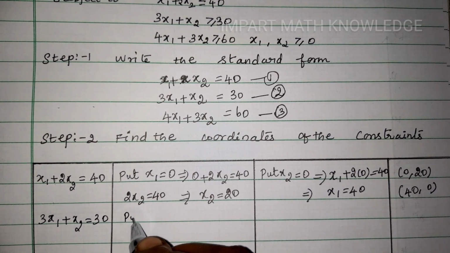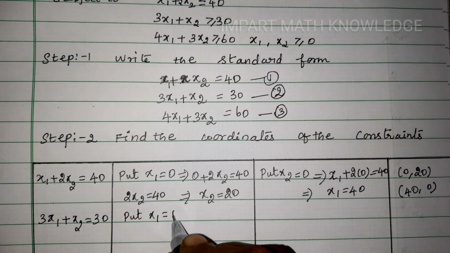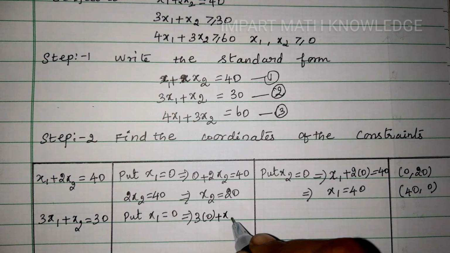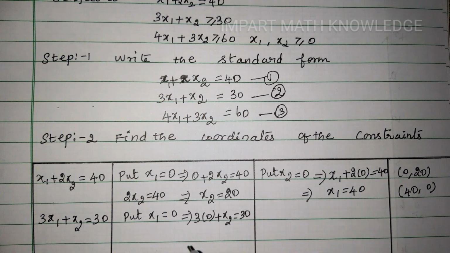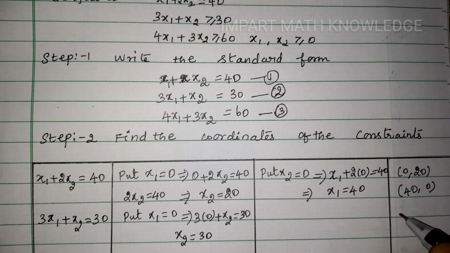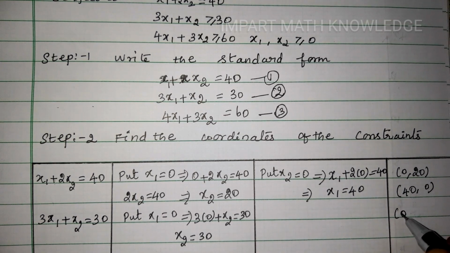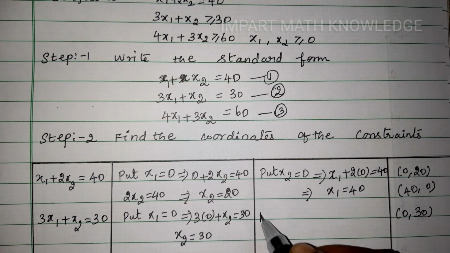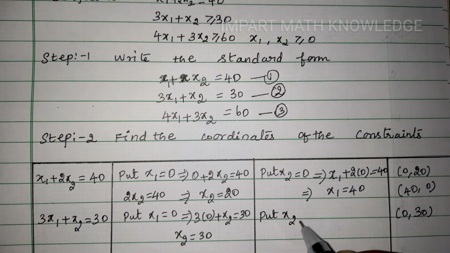Put x1 is equal to 0. You will get 3 into 0 plus x2 is equal to 30. That is x2 is equal to 30. So the first coordinate is 0, 30. Now in the same equation you put x2 is equal to 0.